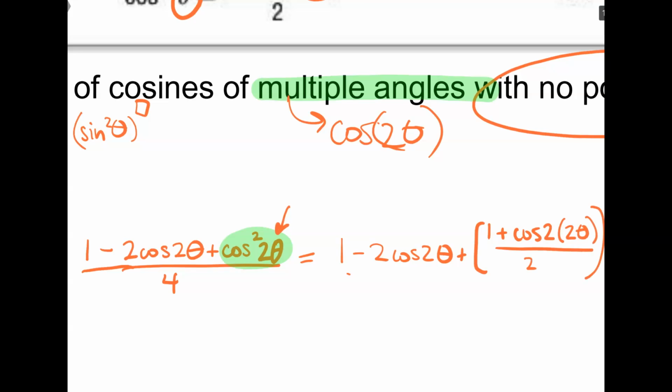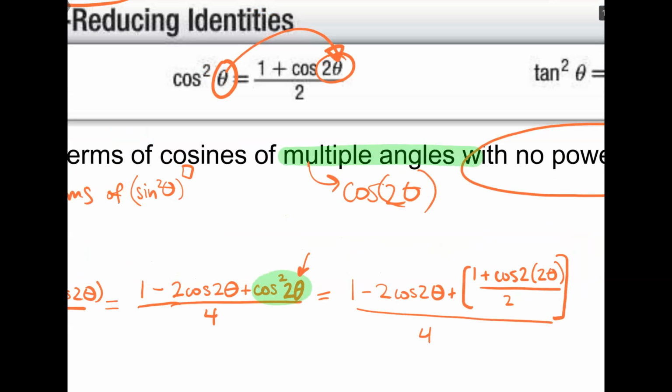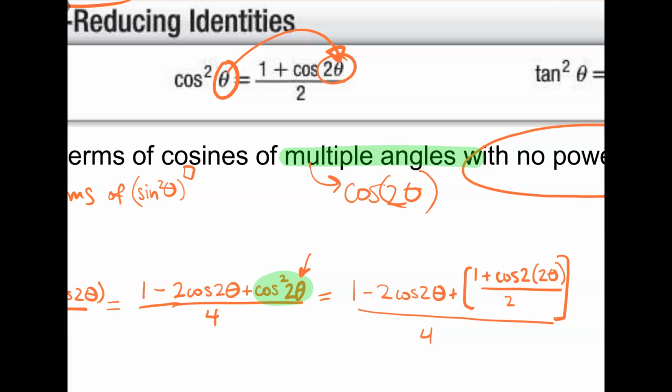Just going to finish writing this. Okay, so right here, this is the angle I'm plugging in, is 2 theta. I'm plugging in 2 theta. Here, what it's doing right here is doubling whatever I plugged in. If I plug in theta, it spits out 2 theta.